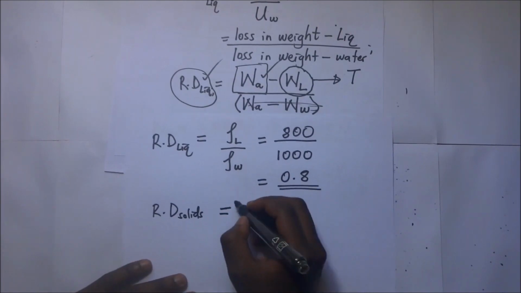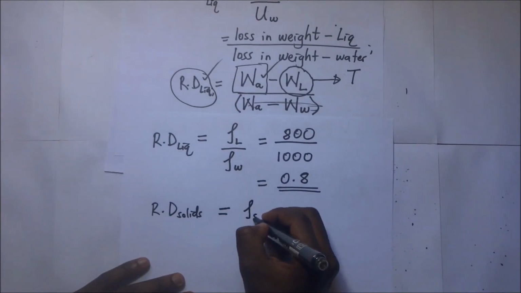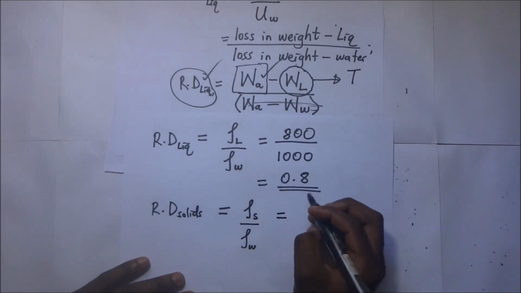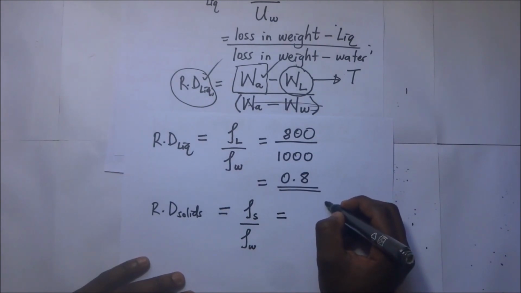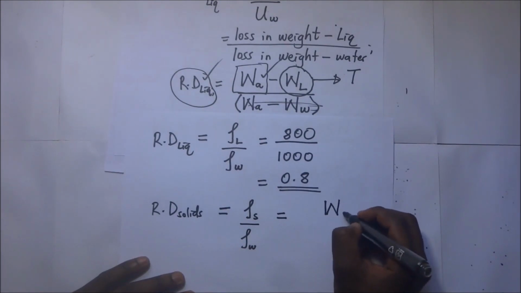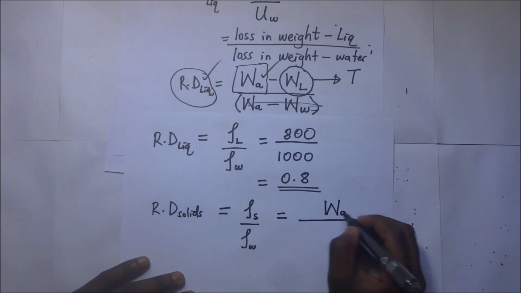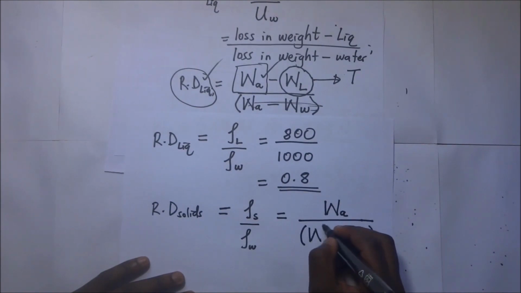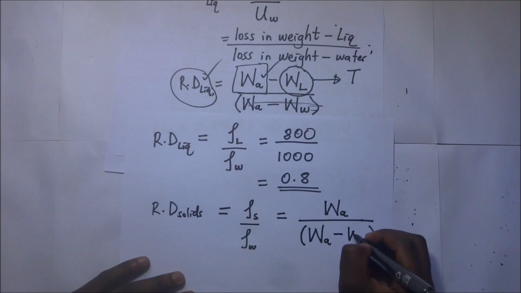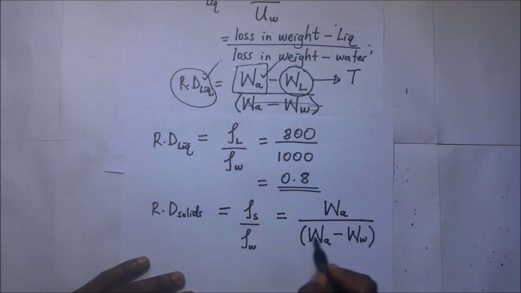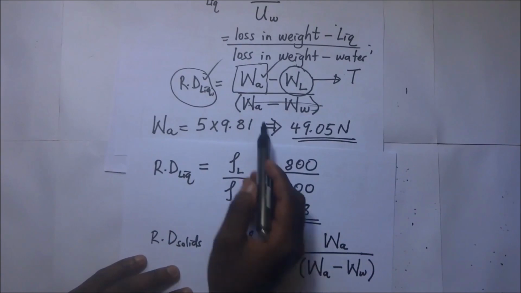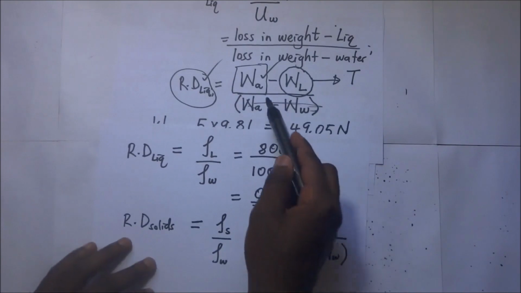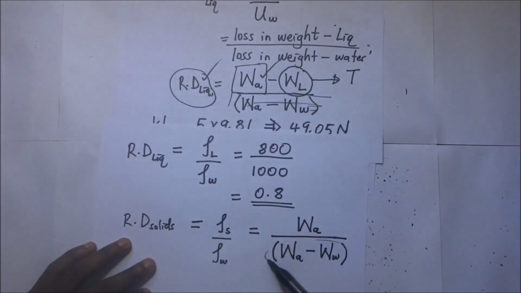We can either say it's the density of the solid over the density of water, or we can say it is the weight of the solid in air, divided by the apparent loss in weight of the solid when in water. The apparent loss in weight of the solid when it is in water is WA minus WW. This is what we want.